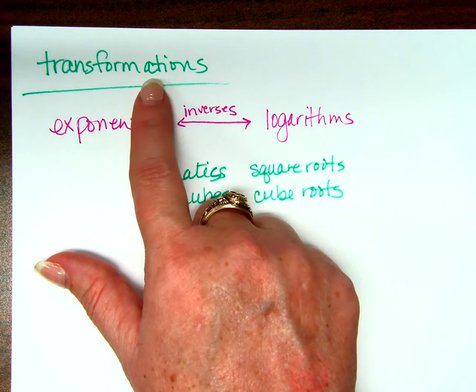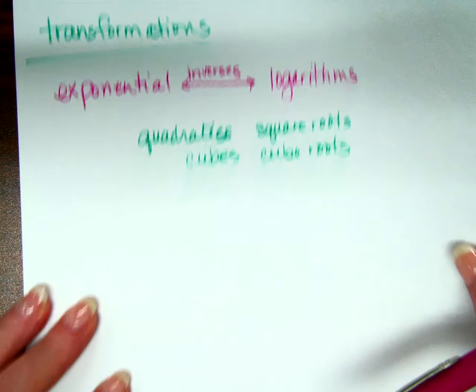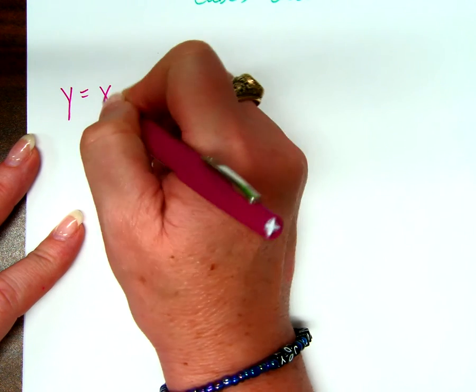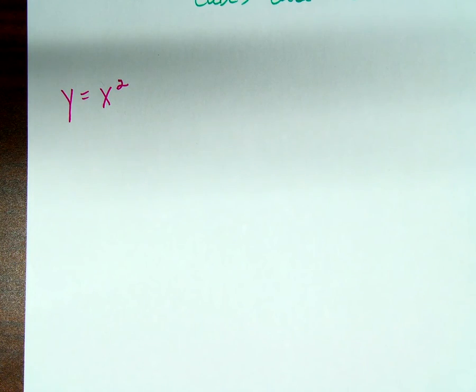So let's talk specifically then about transformations. Okay? First of all, I need you to understand this. Y equals x squared. Is that an exponential function? What makes something an exponential function? So that's what they said earlier too.